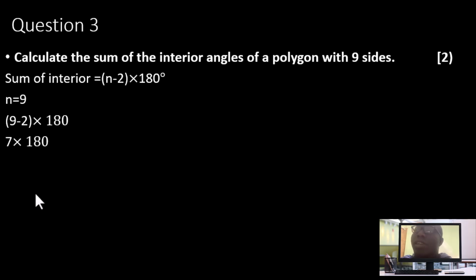When we subtract 9 minus 2, we get 7 multiplied by 180. This is going to give us 1260 degrees. So this is our answer, and this is basically how we are supposed to go about this question.